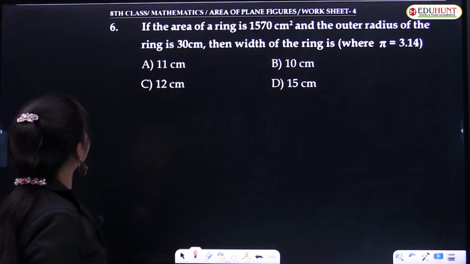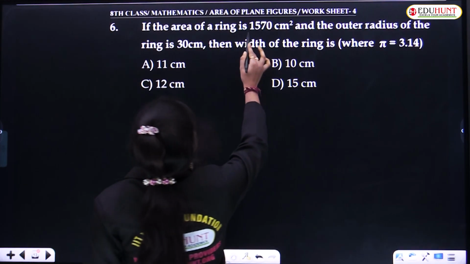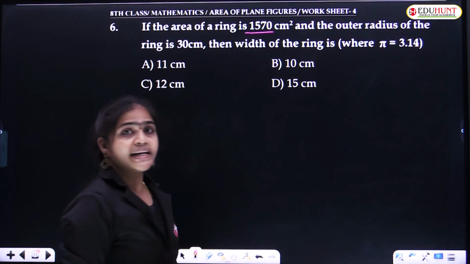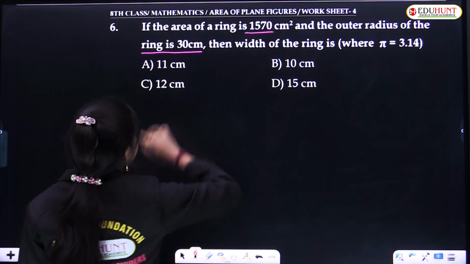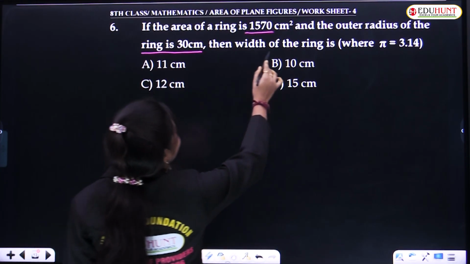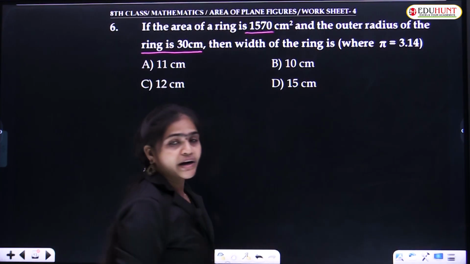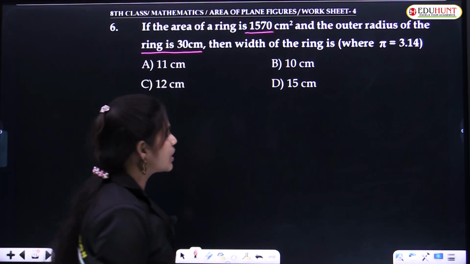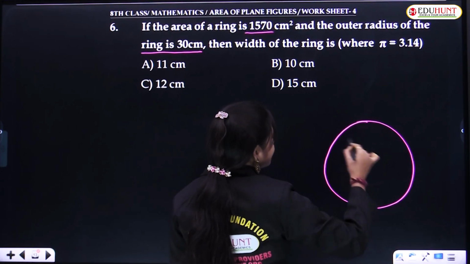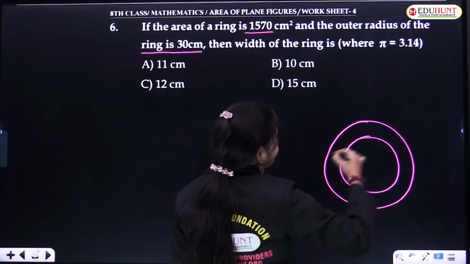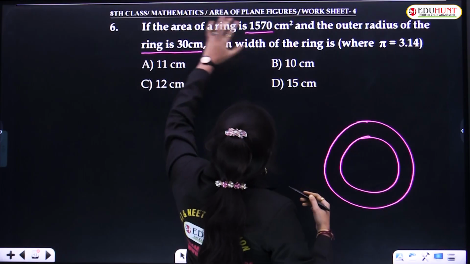Now here see, if the area of a ring is 1570 centimeter square and the outer radius of the ring is 30 centimeters, then we need to find the width of the ring. Here see what they are saying: two concentric circles, a ring.